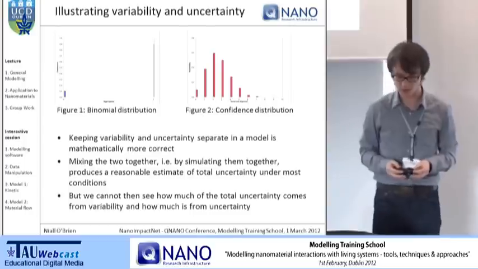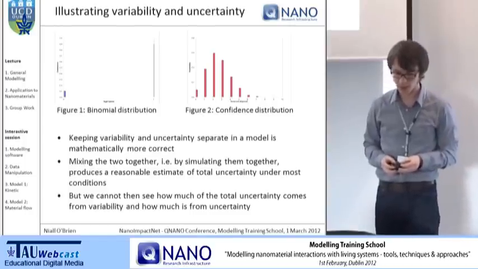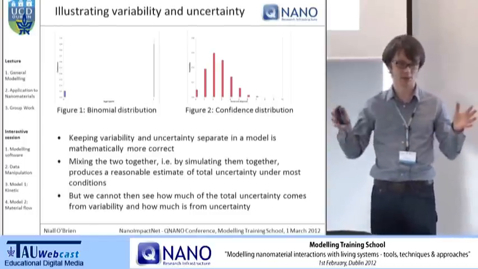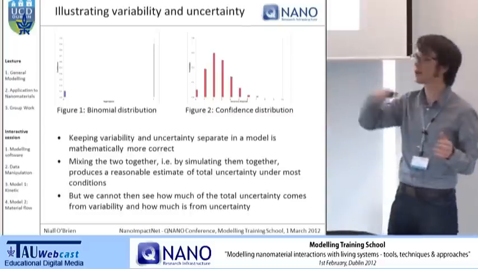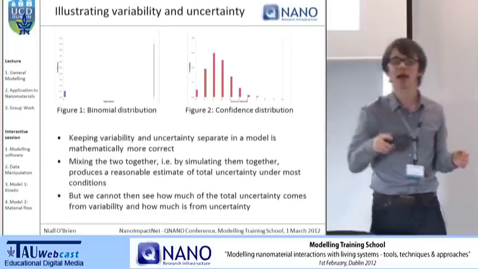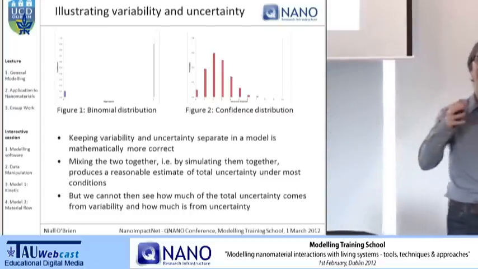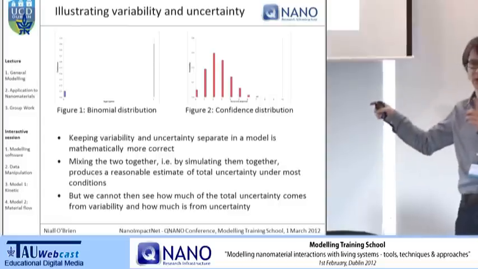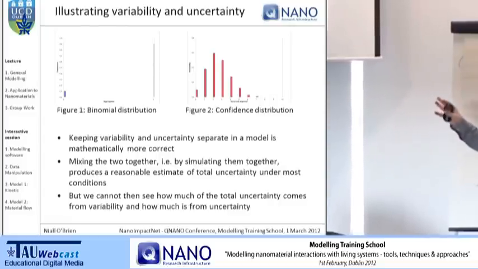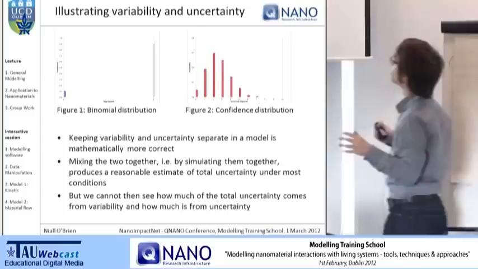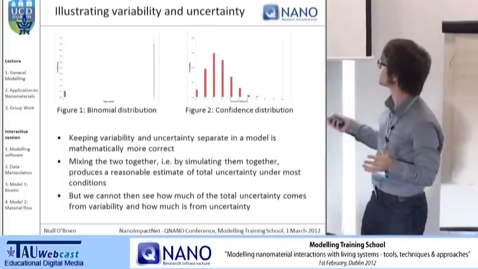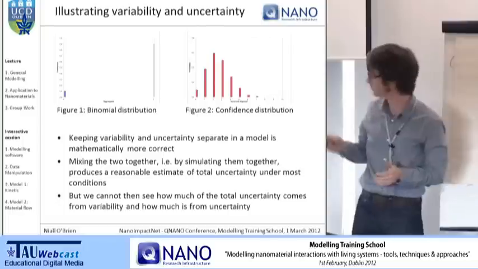And these can both be represented by distributions, and they can look very similar. And we can use them in a model at the same time. But if you want to go back and calculate how much of our variability in our end result is due to natural variability of the elements, or how much is due to our uncertainty of the elements, we would have to keep them separate in a model. But mixing them together produces a reasonable estimate of total uncertainty under most conditions.